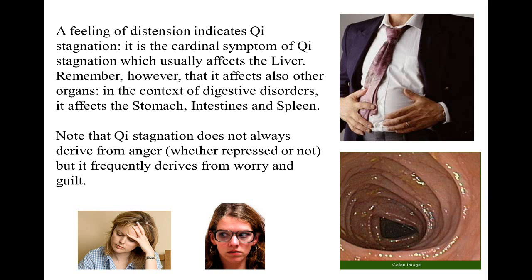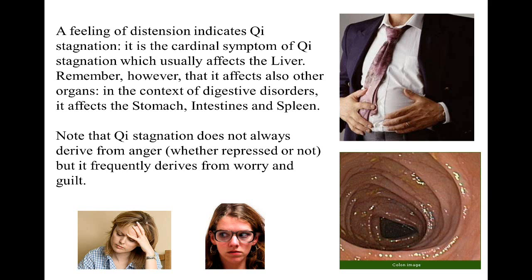The second thing I wanted to stress is also the emotional origin of qi stagnation. Chinese books and also many Western books always stress anger or repressed anger. But it's not the only emotion that leads to qi stagnation. And a very important one in our patients in the West is worry.